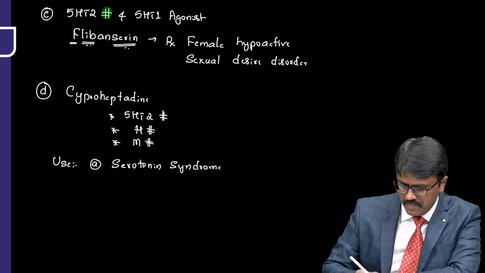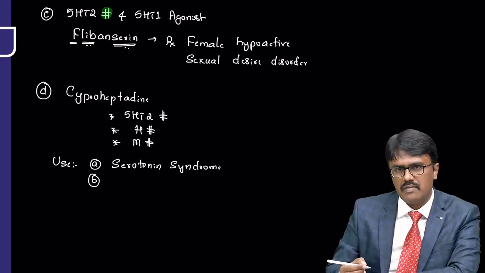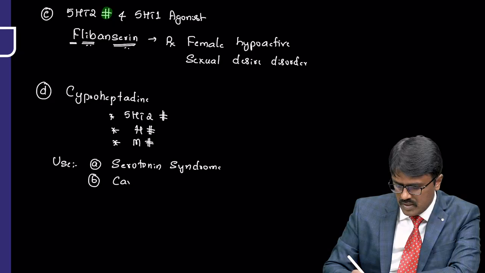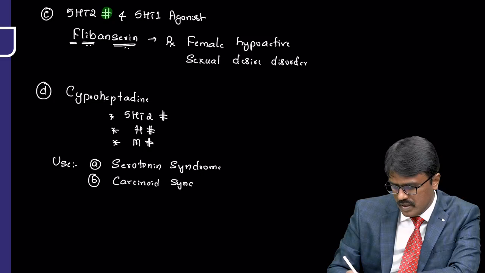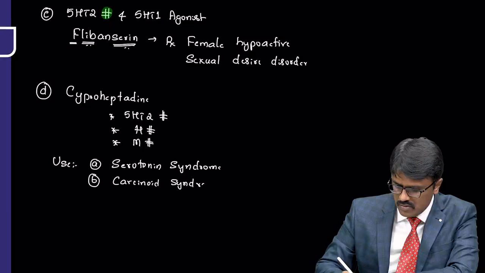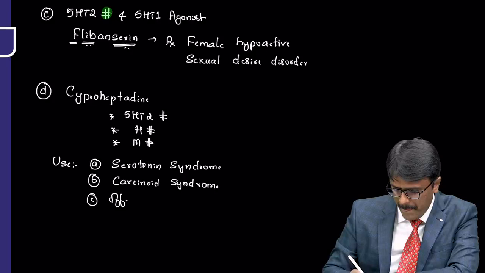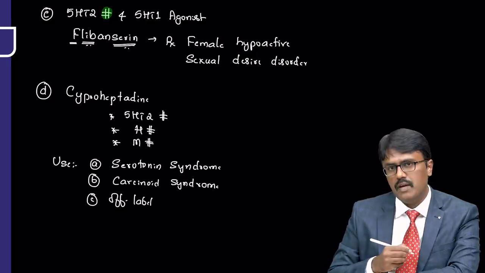That is point number 1. Point number 2, whenever there is diarrhea in case of carcinoid syndrome, so there we can use it in carcinoid syndrome. And also it is used off-label. Now what do you mean by off-label?